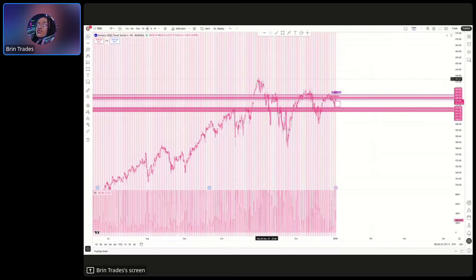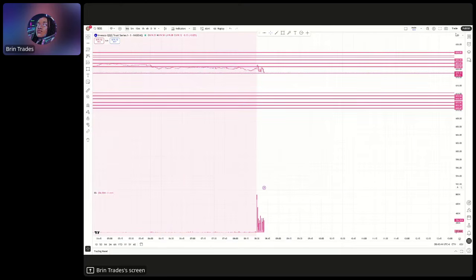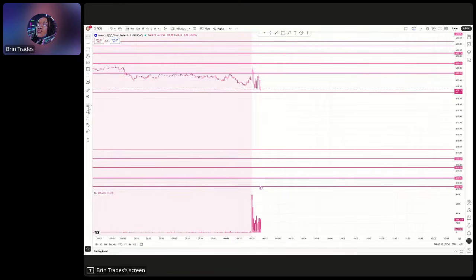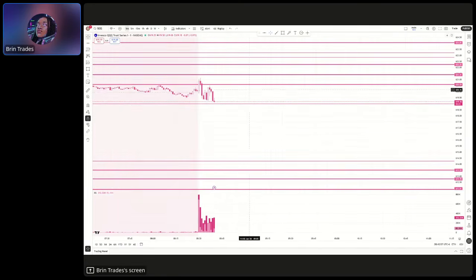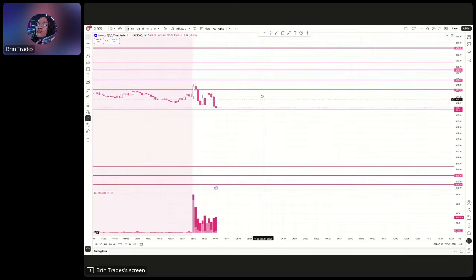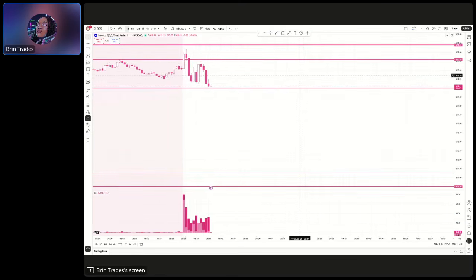Still an uptrend though, but it is beginning to make lower lows and lower highs. It's approaching the gap. Let's see if price shoots down or rejects.